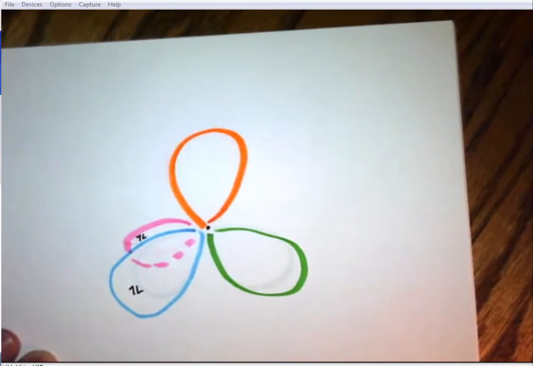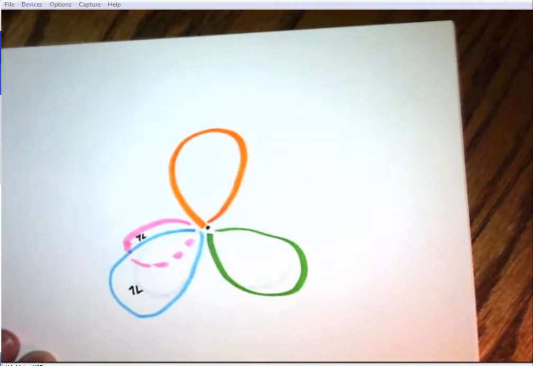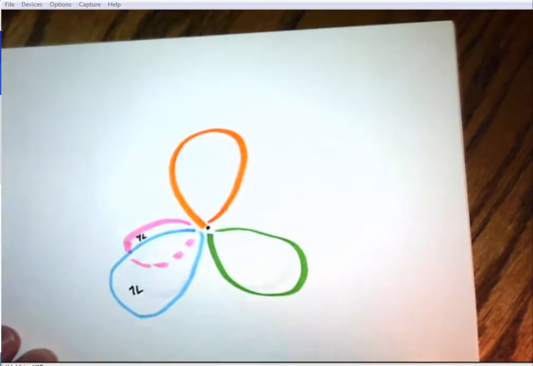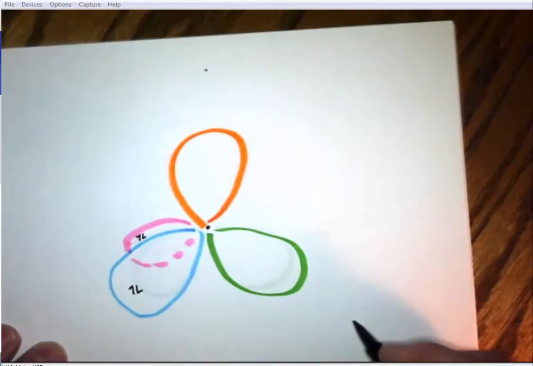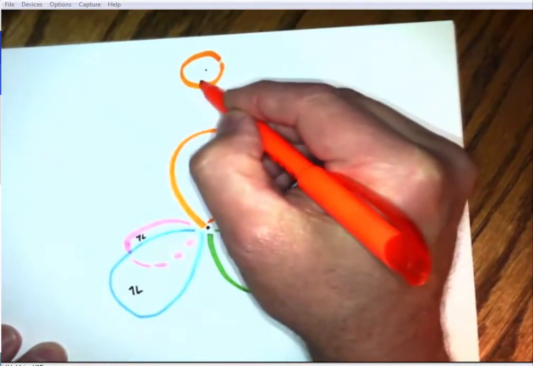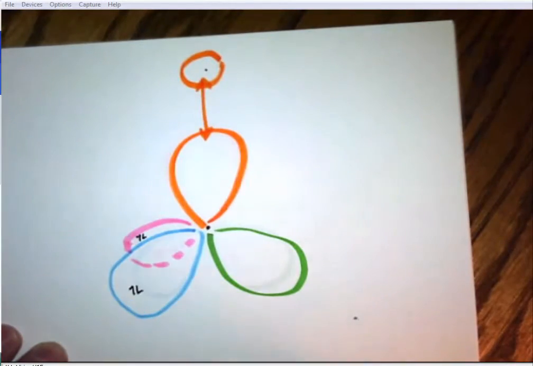But now these 2 orbitals have 1 electron because oxygen had 6 valence electrons, right? So 2 of the hybridized orbitals just have 1 electron. Now, if we're going to combine with a hydrogen up here and down here, then these are going to overlap and combine. And these are going to overlap and combine.